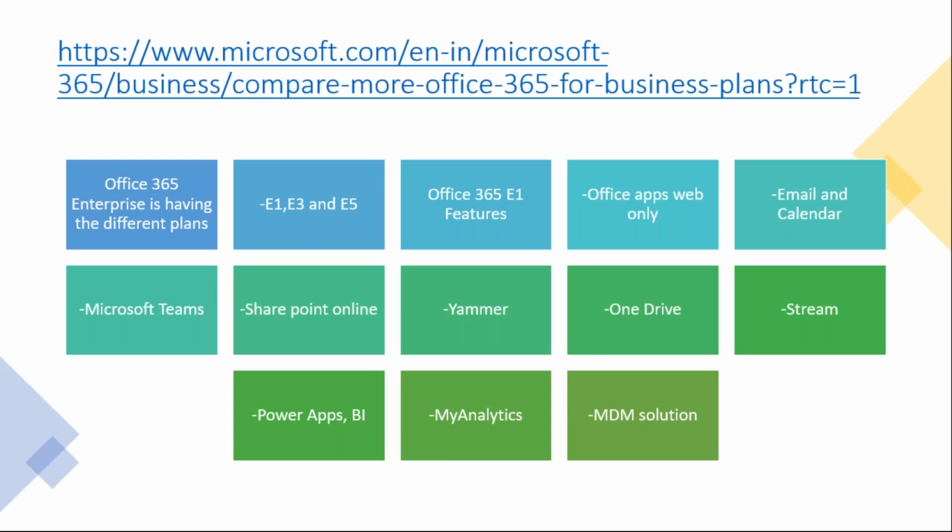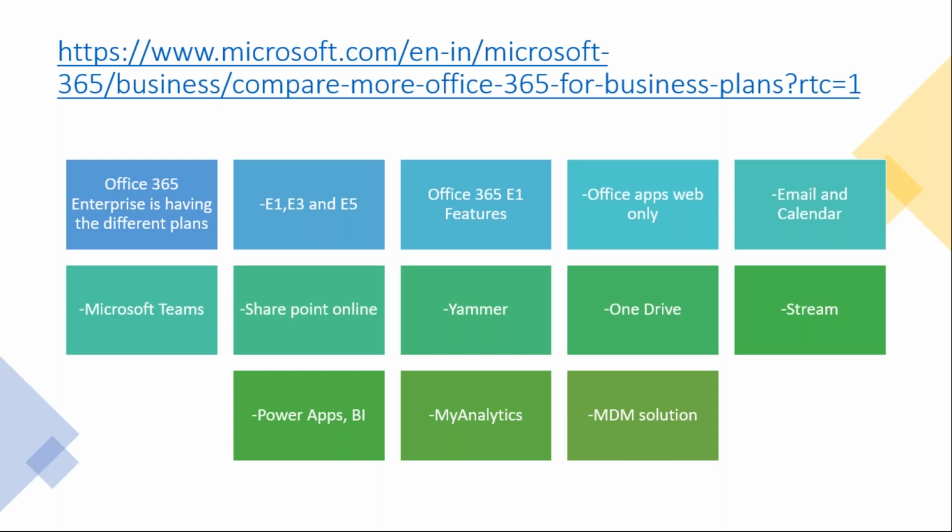And next, an MDM solution is also there. MDM we get in these Microsoft 365 plans, like E1, E3 and E5. These are available on all three plans. But there are major differences. In the E1 plan you get only web access, email web access.